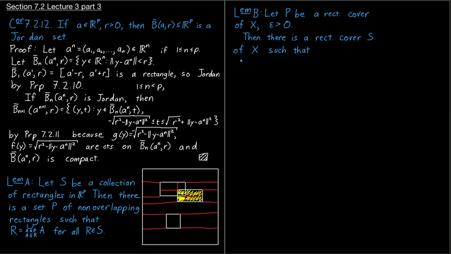It's a rectangular cover, so the rectangles in S are not overlapping. First off, P is a subcollection of S. Every rectangle in P is a rectangle in S. And the rectangles we have added, their total volume is as small as you want. And the final conclusion is that X is in the interior, not just in these rectangles, but in the interior of the union of these rectangles.